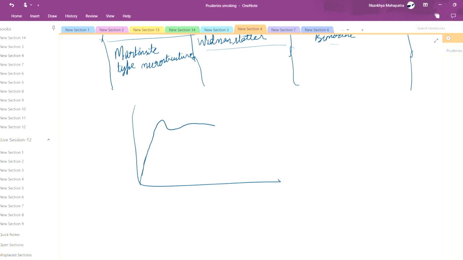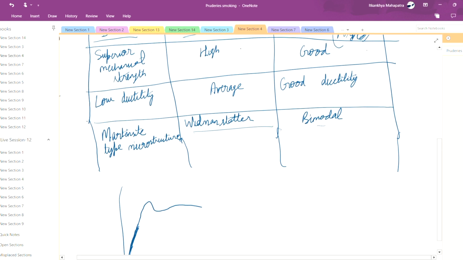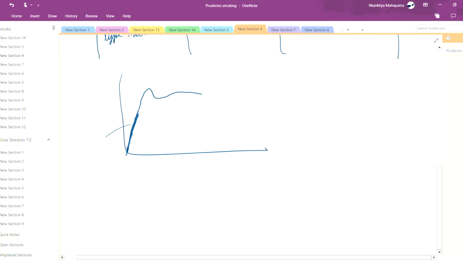If the product stays only in this range throughout its life, and the load or stress does not go above that, then in those cases we can use 3D printing efficiently. But if your component is crossing near the yield point, after the yield point we will not talk, because ultimately it will fail.